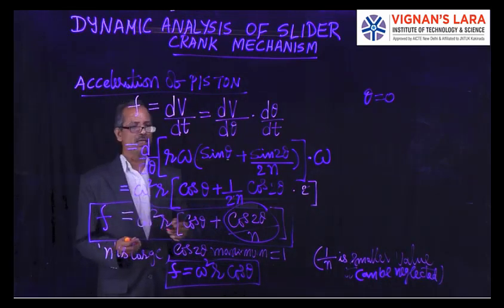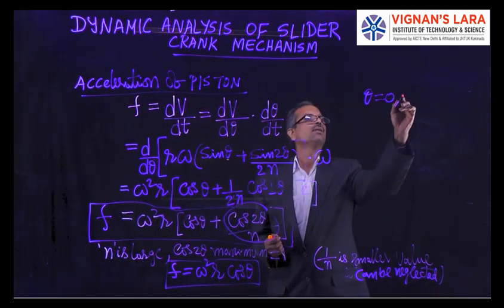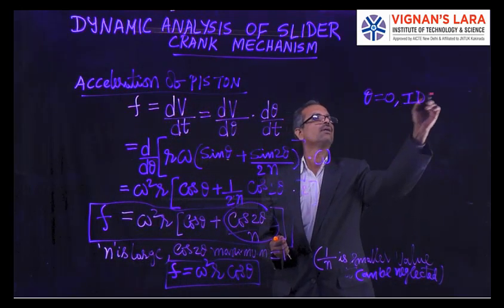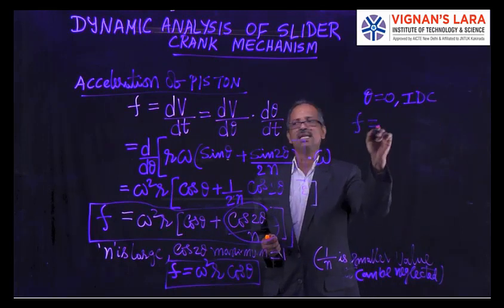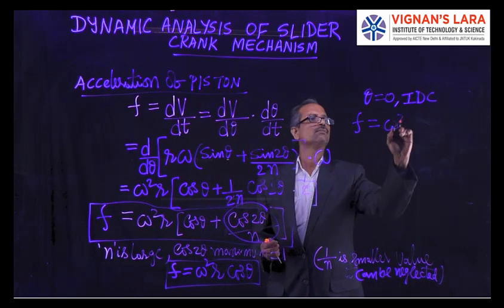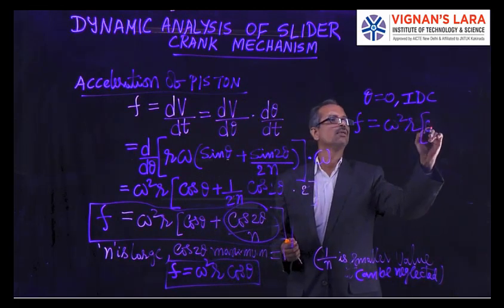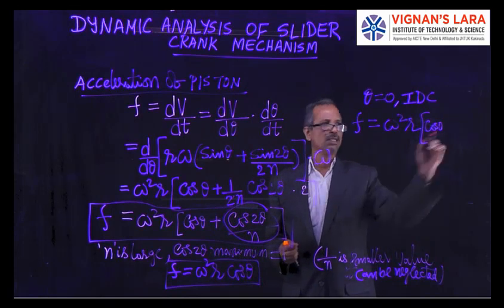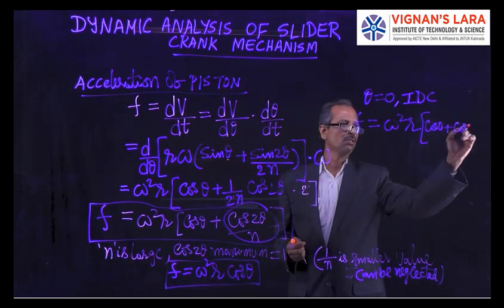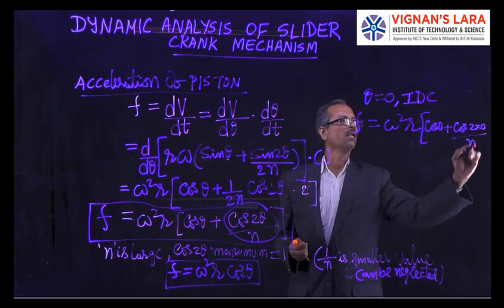Then the value of F is omega square r cos 0 plus cos 2 times 0 by n.